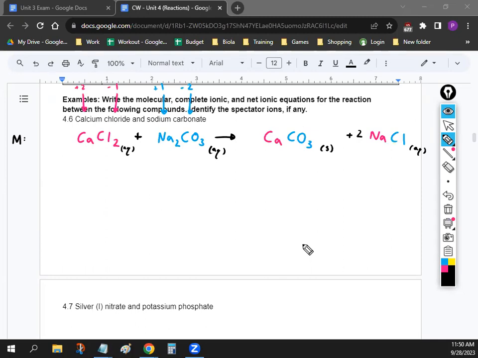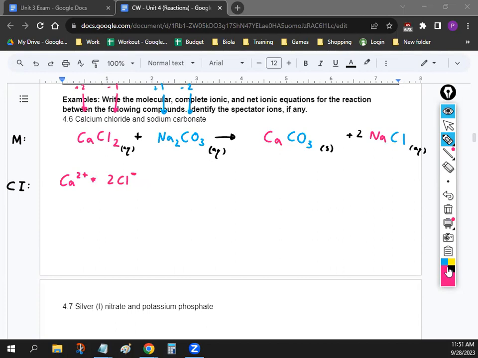All right, guys. From there, we're going to write the complete ionic equation. For the complete ionic equation, you just need to break up everybody into their ions. I'll do this with you, and then for the next example, I'll have you do it. So you've got Ca2+, and you have 2 chloride ions, which are minus.